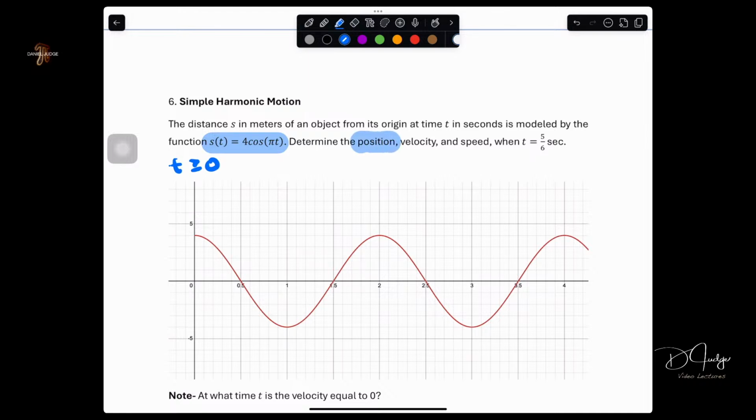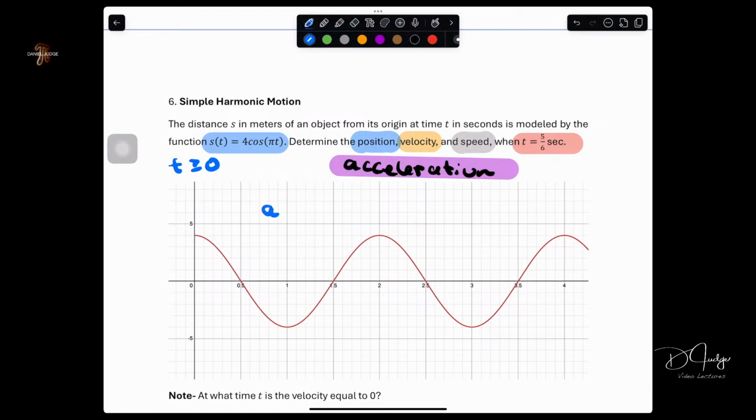They want us to find the position, velocity, speed, and we added here acceleration, all when the time value is 5/6.